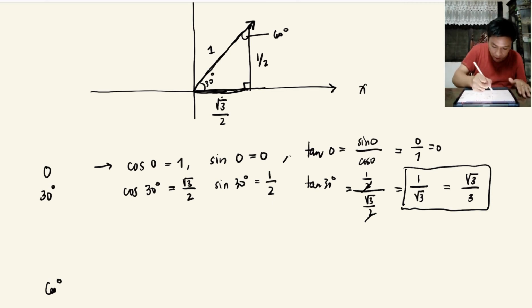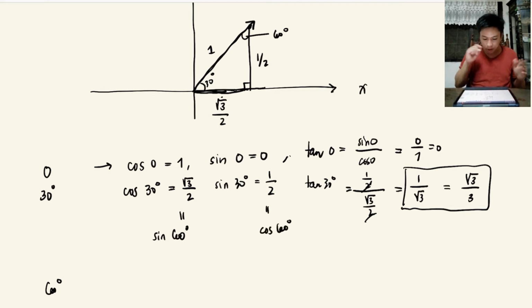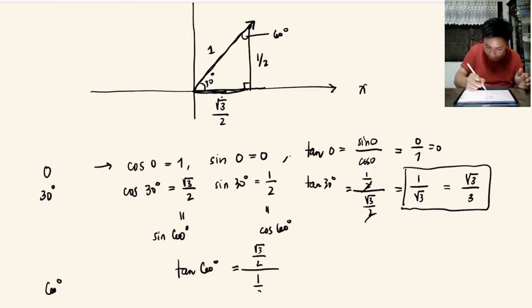So this one here is the same as sine of 60 degrees, and this one here is the cosine of 60 degrees. So our tangent of 60 degrees is the same as square root of 3 over 2 all over 1 half. So this is equivalent to square root of 3.